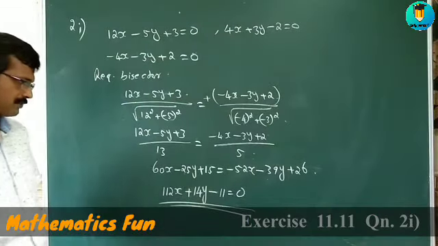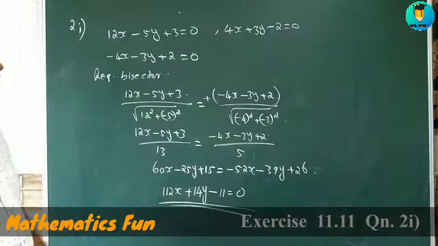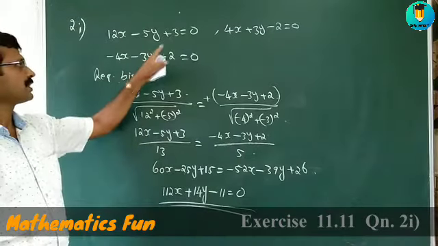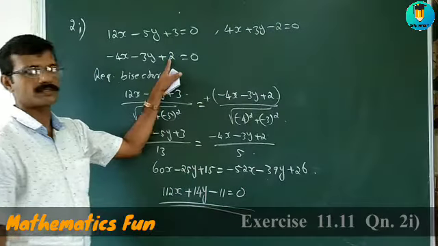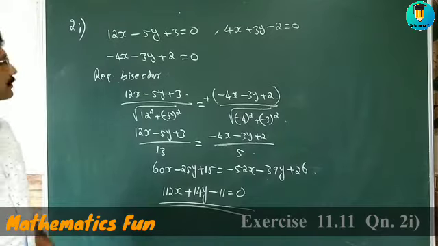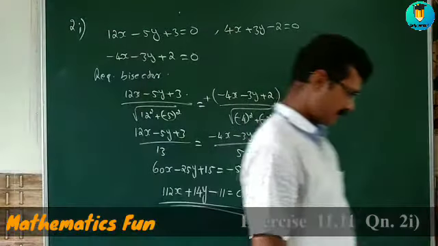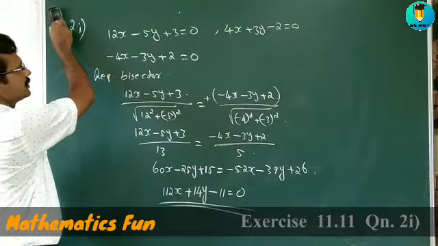This is the required angle bisector which passes through the region where the origin lies. So first of all I made this minus 2 part plus, and then I went for the plus formula, so that way I will get the required angle bisector. This is question number 2, first part, very important questions, all these.